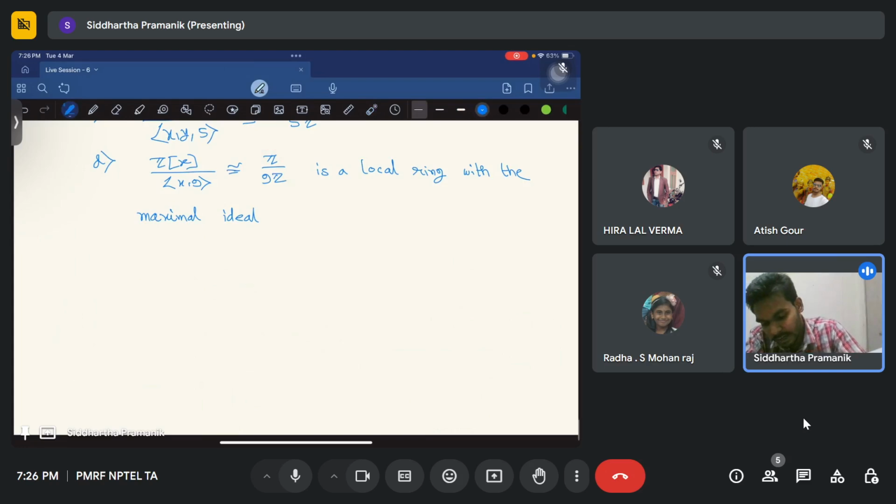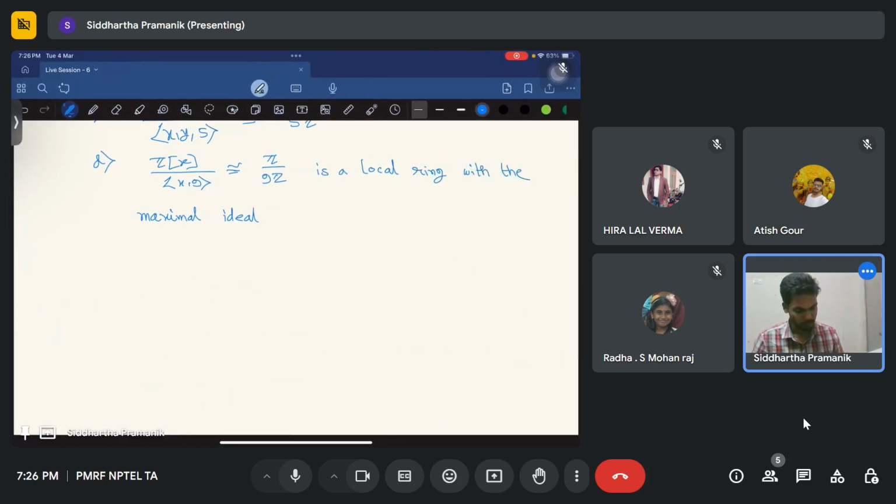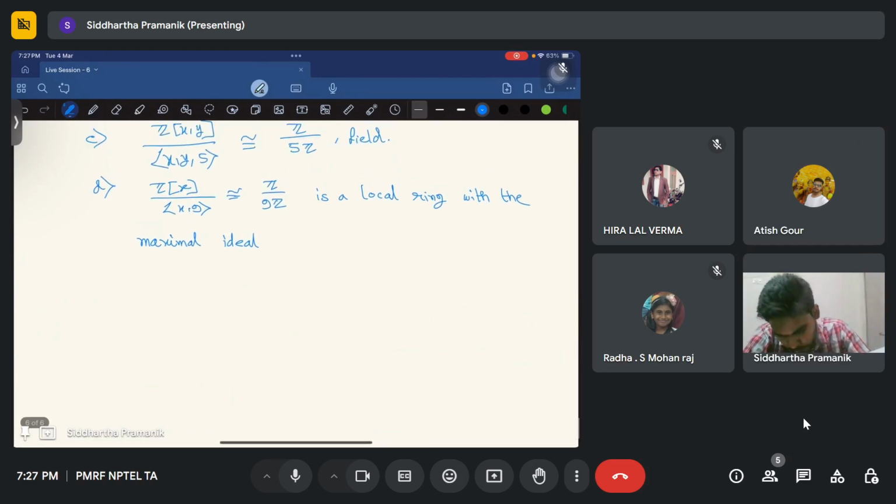What about the ideals of Z mod 9Z? Which ideals of Z contain 9Z? 3Z will contain it. Any other?